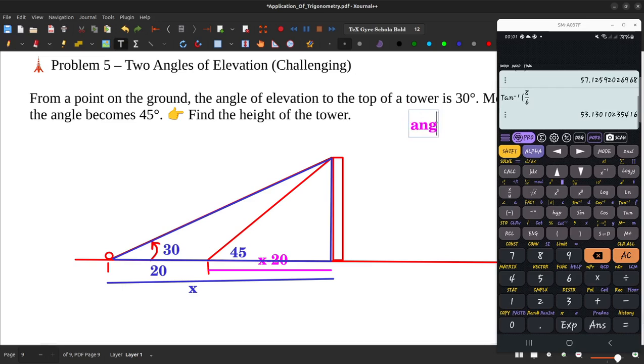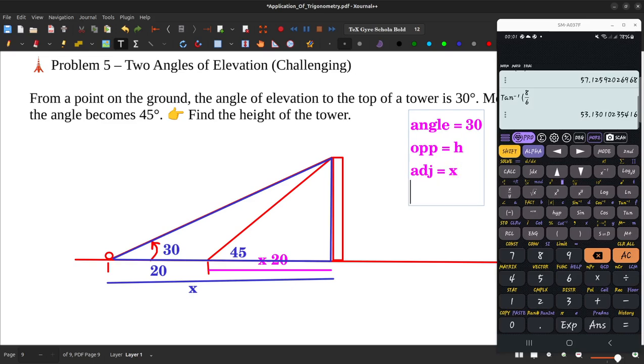We have an angle of 30 degrees, and opposite to the angle is our h, and adjacent to the angle is our x.